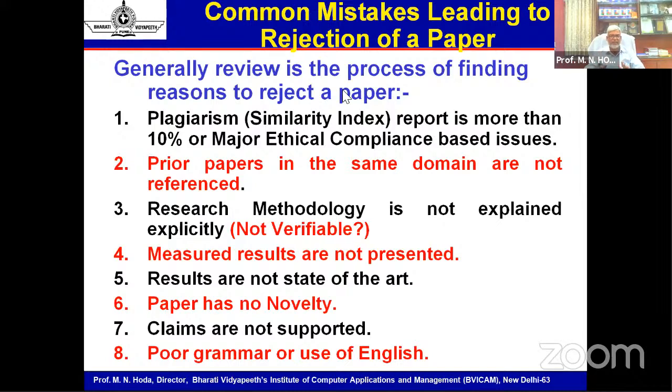No tool will generate the plagiarism report. All tools generate the similarity index. That is altogether a different lecture: it might be possible that a paper having 10% similarity index might be plagiarized, and a paper having 25% similarity index might not be plagiarized. That is altogether a separate lecture.